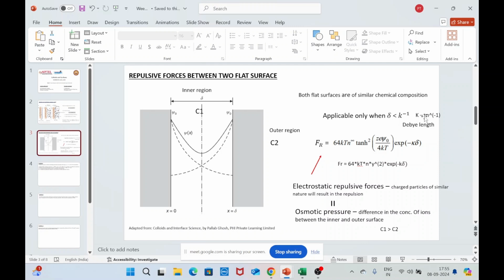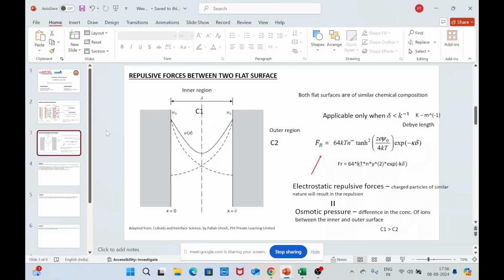But when the separation distance is less than the Debye length, what usually happens is that the double layers overlap with each other. There is an interaction between the two potentials, and when you plot that as a function of the separation distance, you get a curve which is represented through a solid line. It looks more like a parabolic graph.